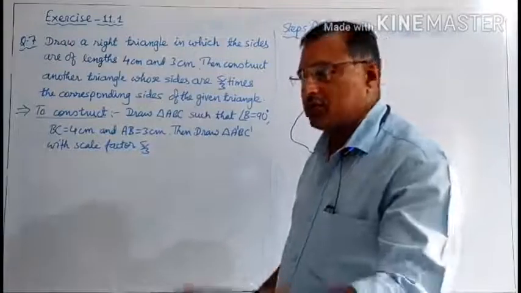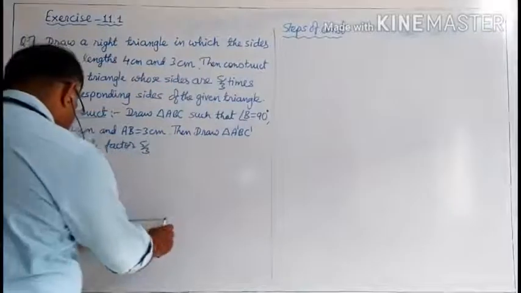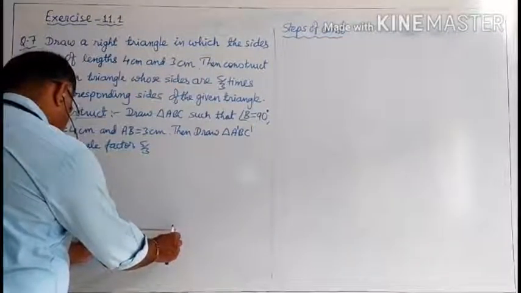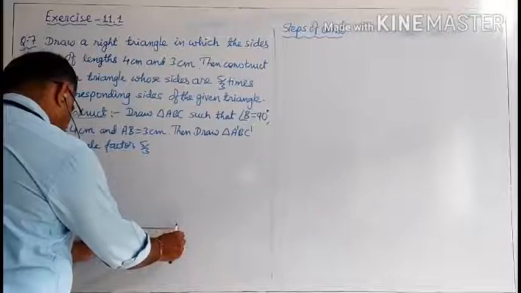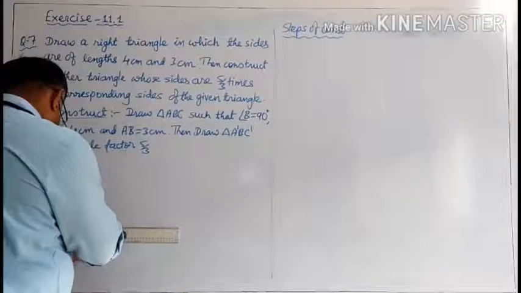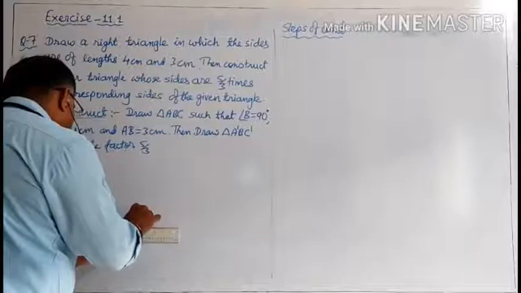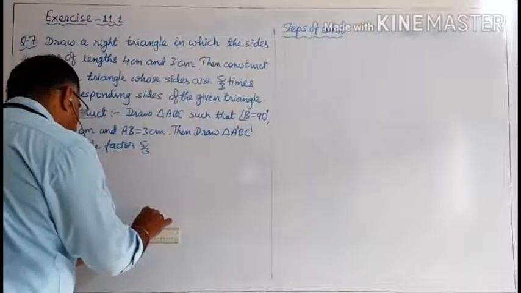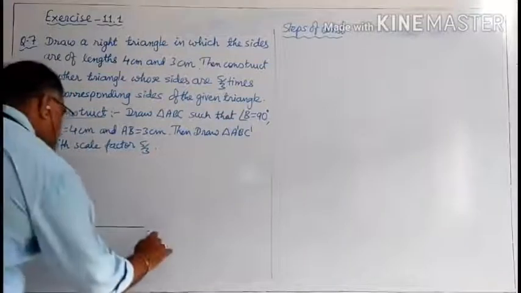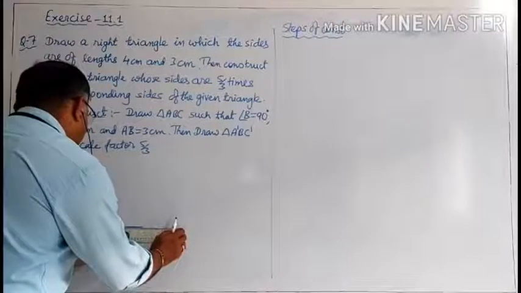So let us construct. First of all, BC equal to 4 centimeter. Here BC we have to extend, as we are going to construct the scale factor greater than 1.